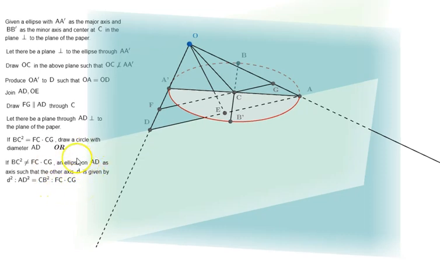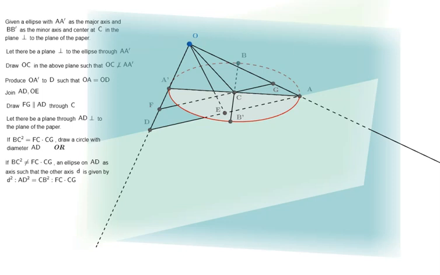So here, if BC is not the mean proportional between FC and CG, then we draw an ellipse. If it is the mean proportional, then we draw a circle. So let's proceed to draw the ellipse, because here I have kept it in such a way that BC square is not equal to FC times CG.